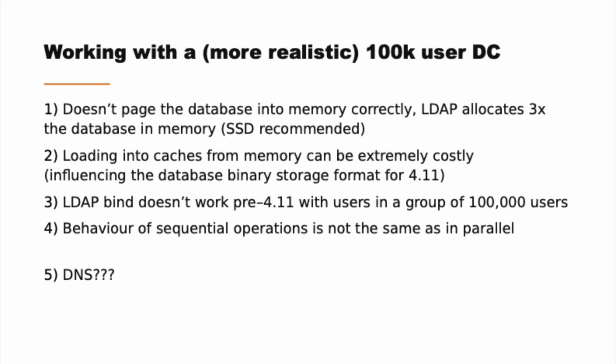One of the other things I learned was that loading into caches from memory can be extremely costly, which has influenced some of our database binary storage formats for 4.11.